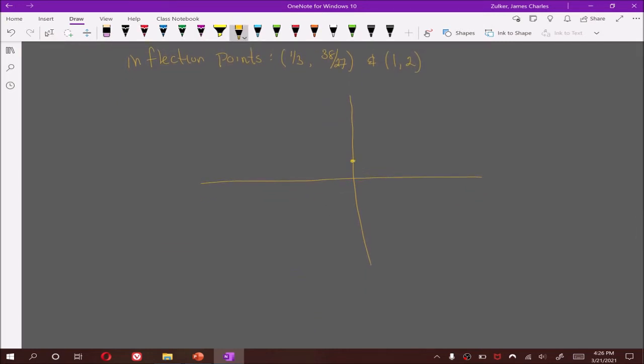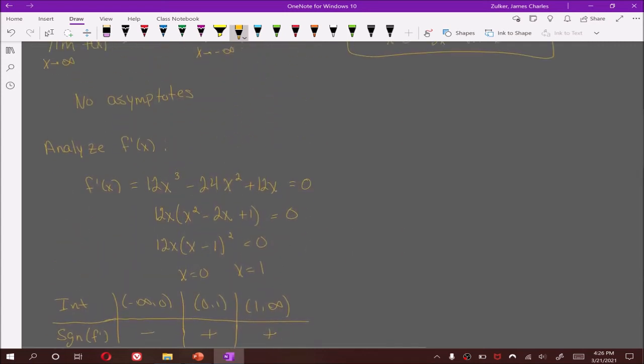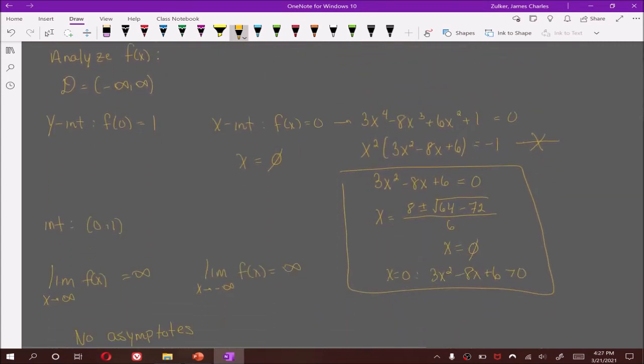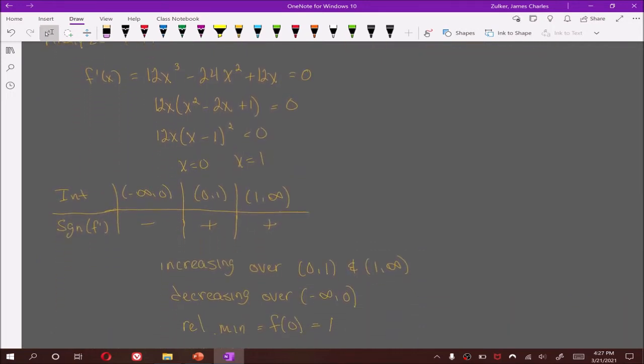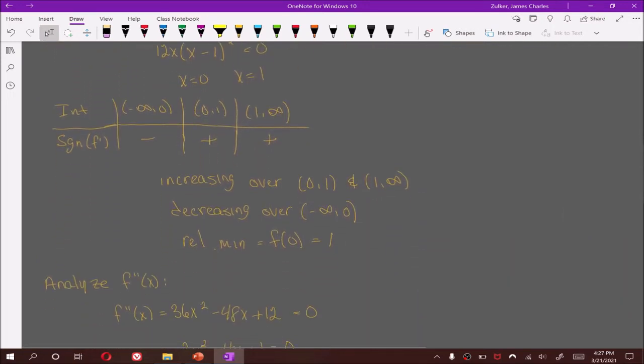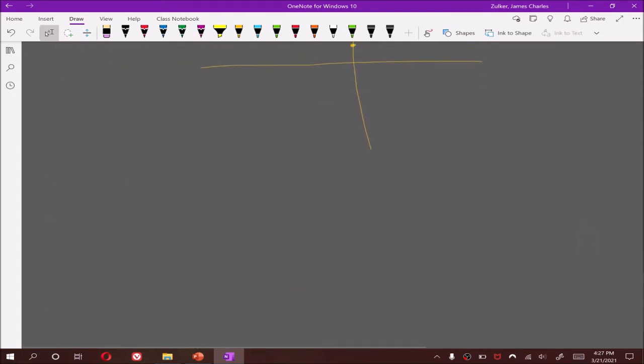Let's say that's right about there. Next, use asymptotes. Well, we don't have any. Let's plot critical points. We have a critical point at 0, 1, which is already plotted. We have a critical point at 1, 2.